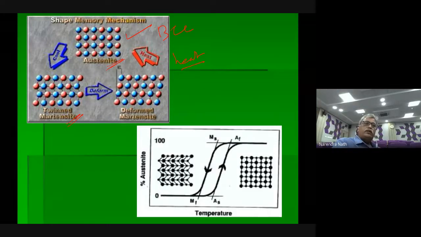But when it comes to this step, we call it twinned martensite. So through the twinning mechanism, it is going to change the order from BCC to monoclinic, without changing any of its dimension.